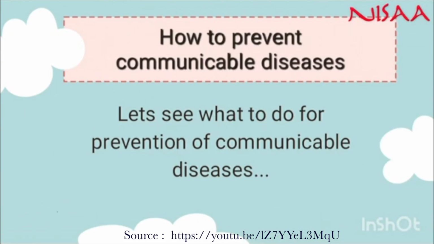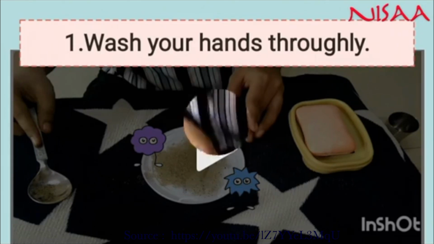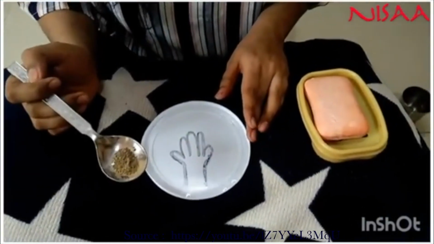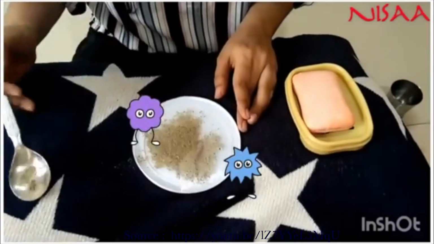Prevention of communicable diseases. What can be done to avoid the spread of communicable diseases? Number 1. We must wash our hands thoroughly when we come back home from school, playground, market or any other place. This is your hand, and when you touch any dirty object, all these germs get on it.